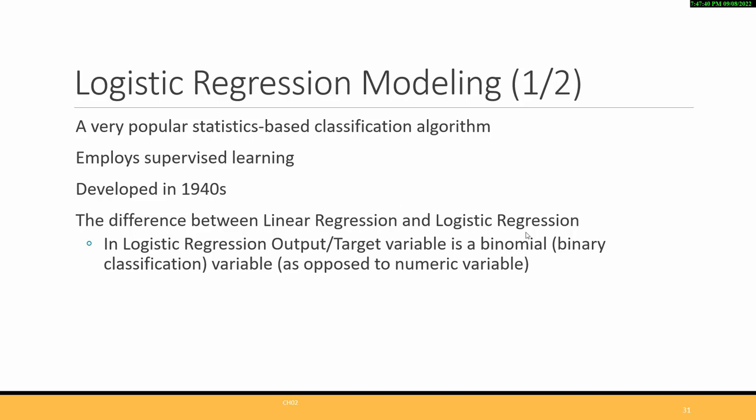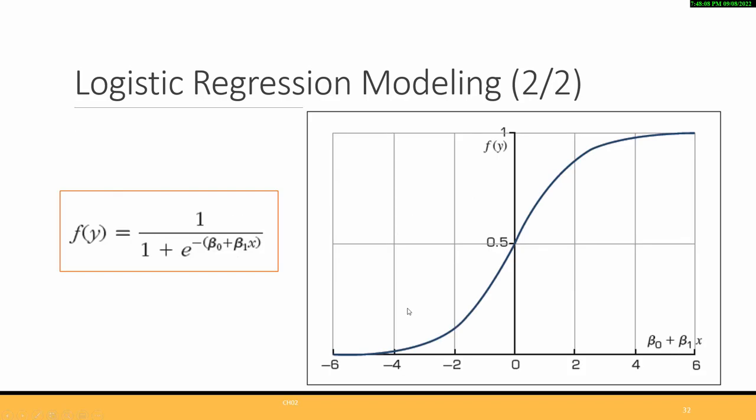The difference is that in logistic regression, the output or the target variable or the response variable, y, is a binomial or binary variable. So it's a categorical variable. In linear regression, our output variable or response variable y is a numeric variable. So that's the biggest difference between linear regression and logistic regression.